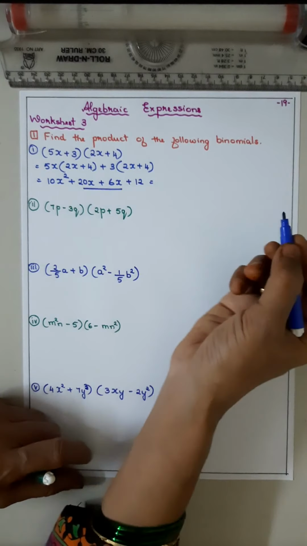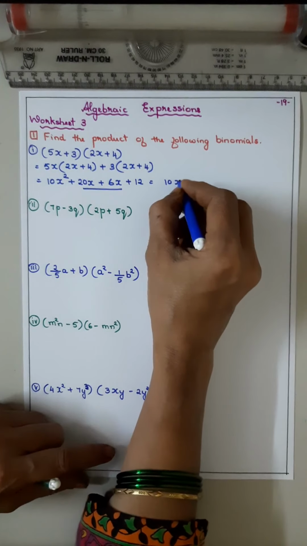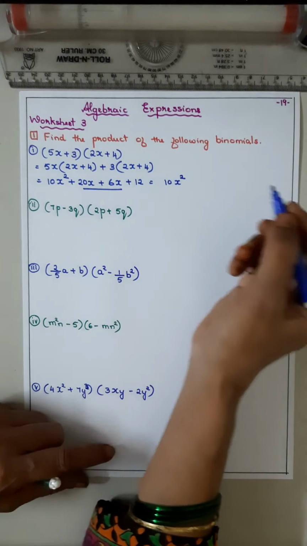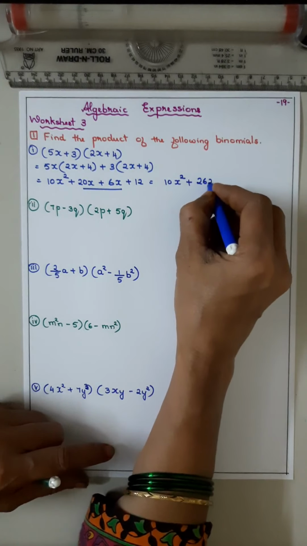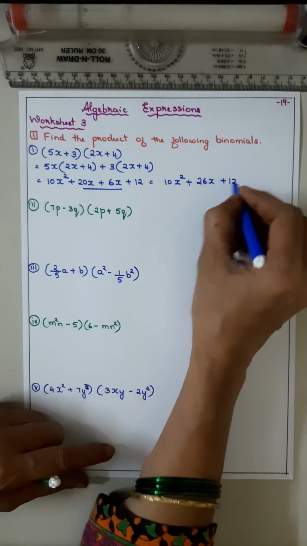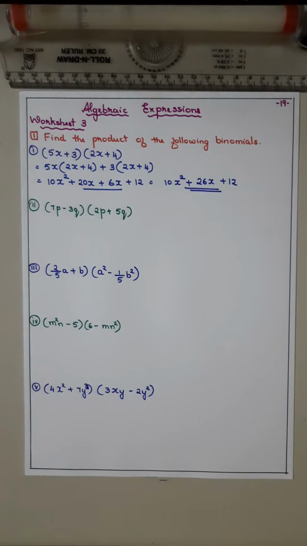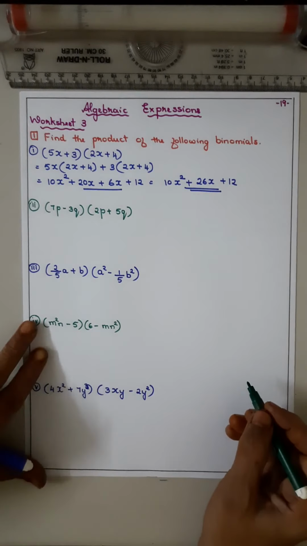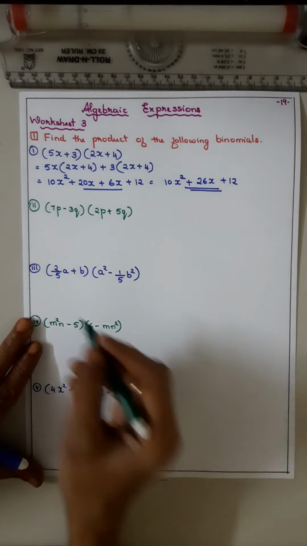Now these are like terms, so solve it. 10x squared, both are plus, so 20 plus 6, 26x plus 12. Clear? Coming to the second question, 7p minus 3q, 2p plus 5q.